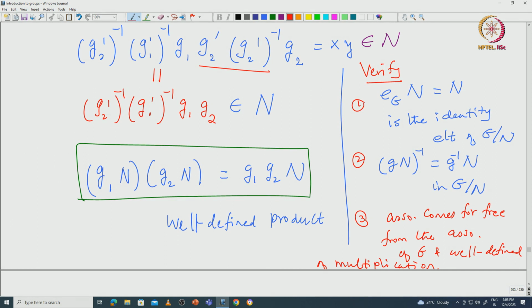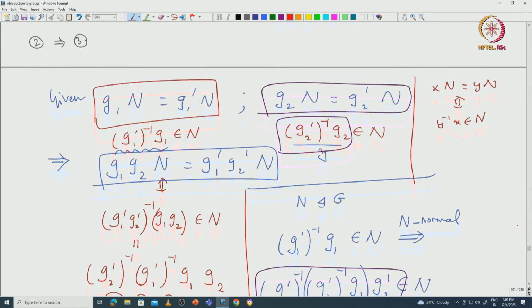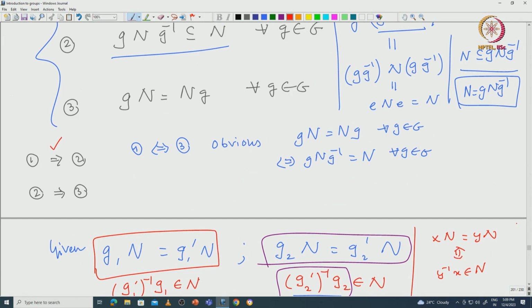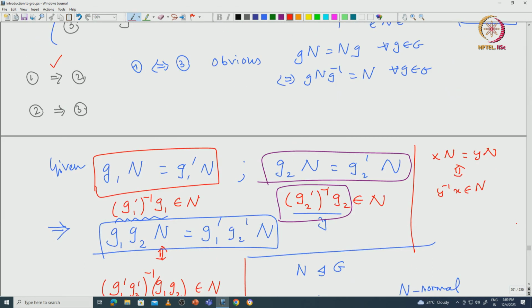So associativity comes for free from the well definedness of the product, and the identity is nothing but the coset corresponding to the identity element of G, which is the identity inside G modulo N, and the inverse of each coset is nothing but g inverse N. These things verify all the group laws of G modulo N with respect to this product. So that makes G modulo N a group.